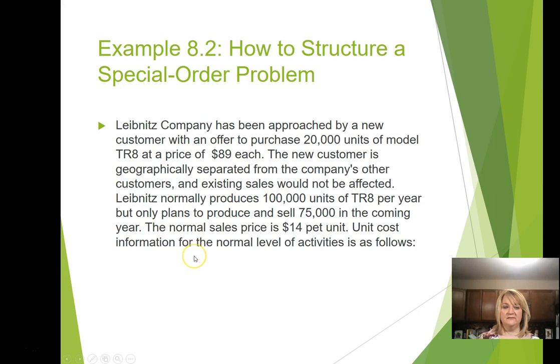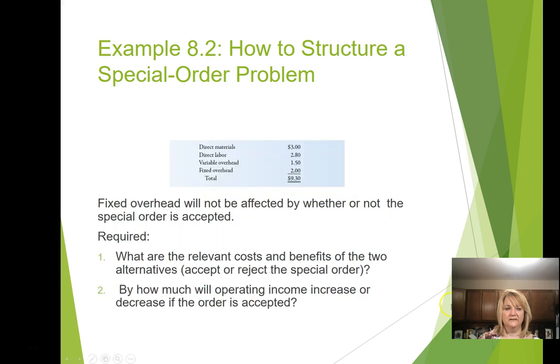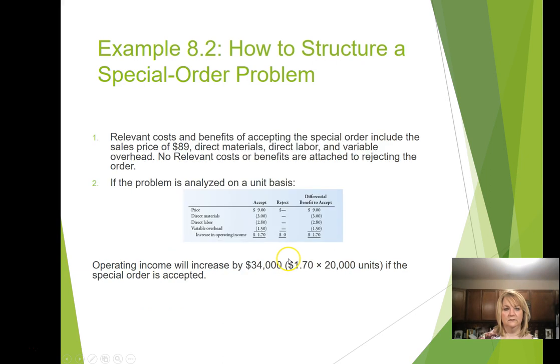The normal sales price is $14 per, that's wrong, per unit. Unit cost information for the normal level of activity is as follows. Fixed overhead will not be affected by whether or not the special order is accepted. This is what it's asking for.